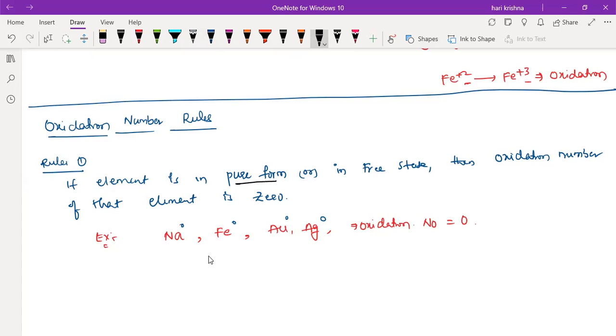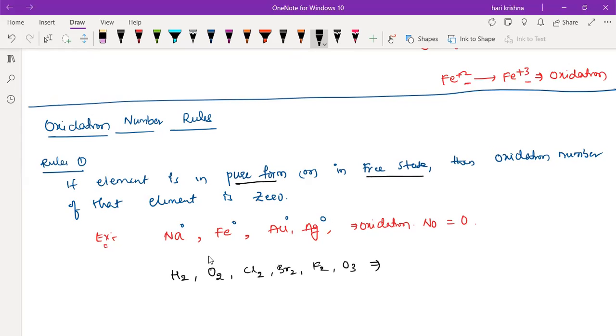Now, suppose you take some elements, they exist only in that state in nature, like hydrogen. How does it exist in nature? H2. Next, if you take oxygen, how will it exist in nature? O2, sir. Chlorine, bromine, iodine too.